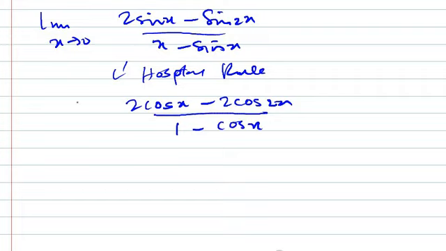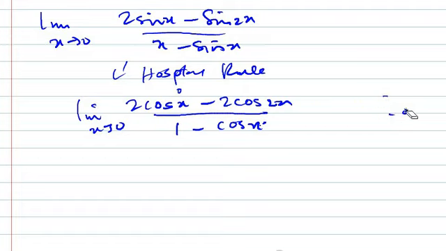Since the limit is at x goes to 0, if we substitute 0, the numerator is 2 minus 2, which is 0, and the denominator is 1 minus 1, which is 0. So we have to do L'Hospital's rule again.